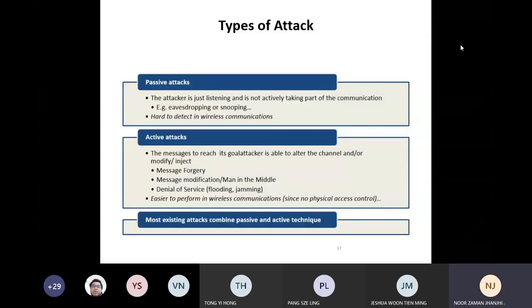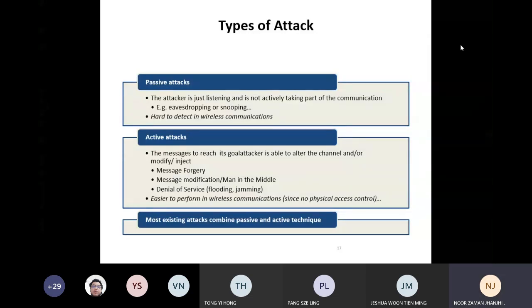The difference is that the passive attack is very hard for us to detect, because in a passive attack the attackers try to be part of our network and get information about our network, but they are not bringing any loss to us.